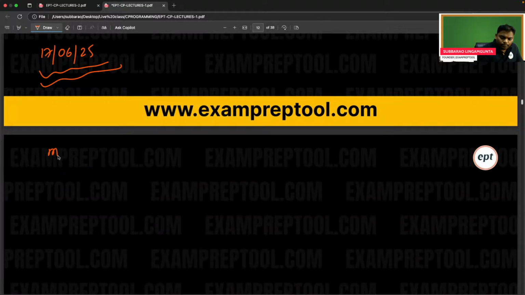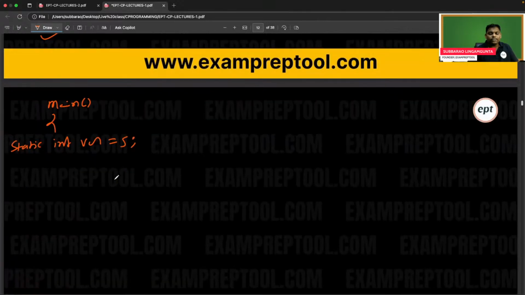Main, static int where is equal to 5. It is a very tough problem. Let's see how many people will give the answer. Main, static int where is equal to 5.